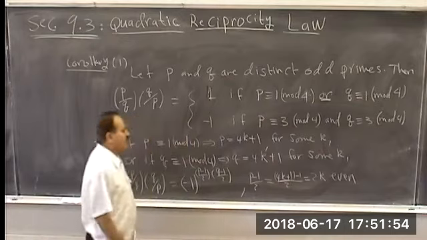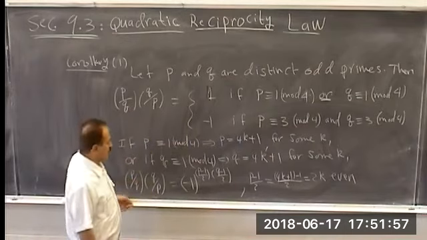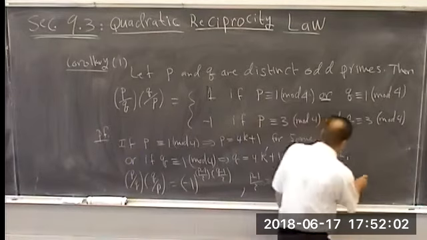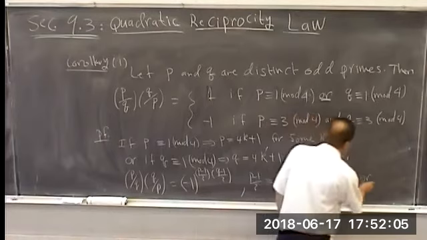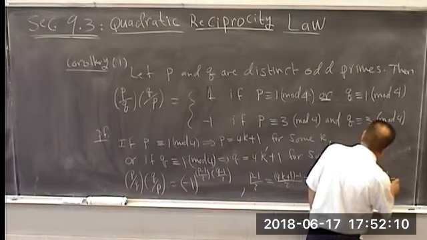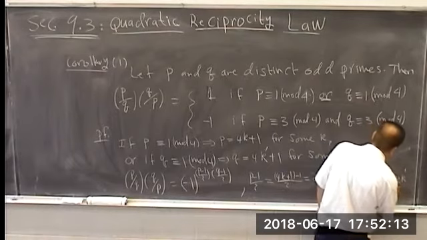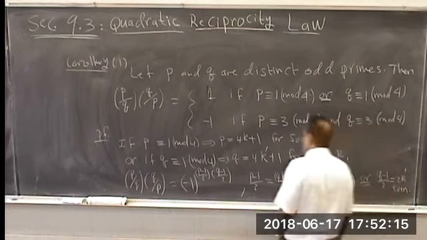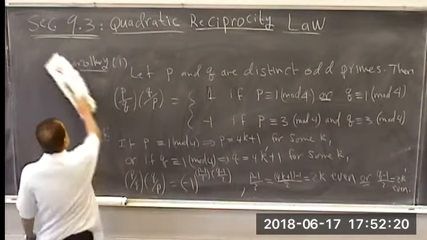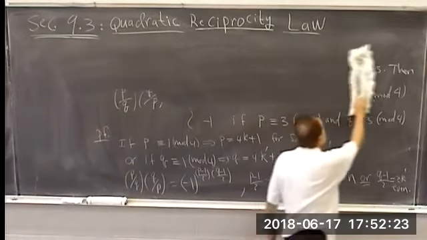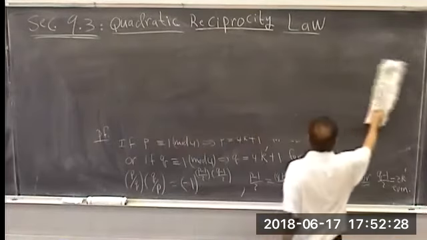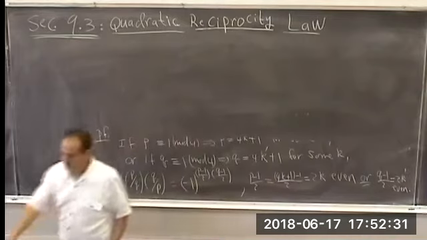Regardless of the other one, this exponent is going to be even, or on the other hand, (Q minus 1)/2 is 2K prime, which is even. So in both cases the exponent is even, and this gives me 1, as the corollary states.